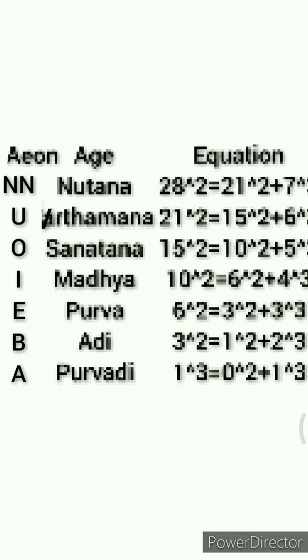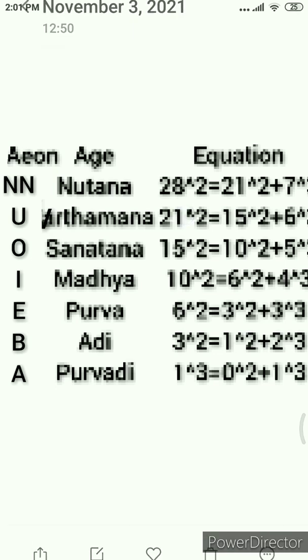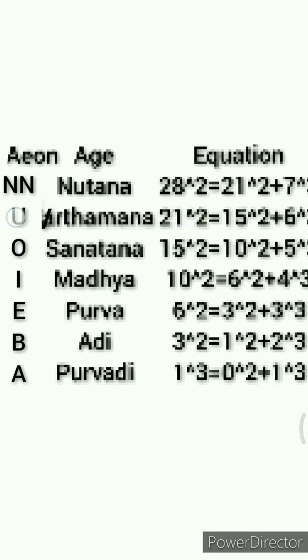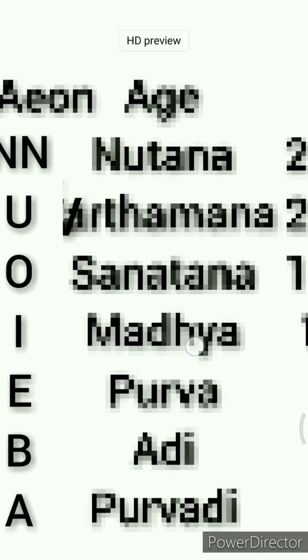The 15th one has split into five cubes, and the next highest emanation after 15 squared will be 14 squared. So this O will become N then. And then coming to this, once U also becomes old, it will take a minimum of 6,000 years or so for this to become obsolete.